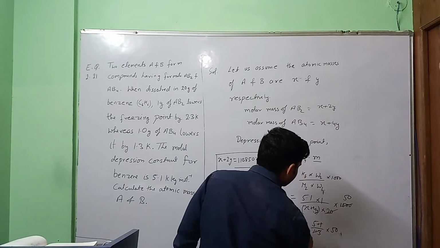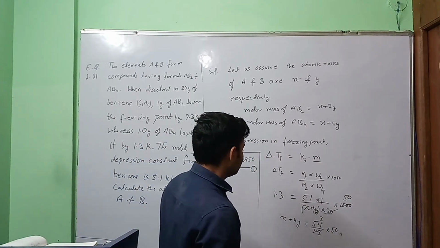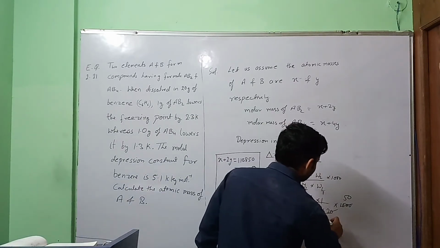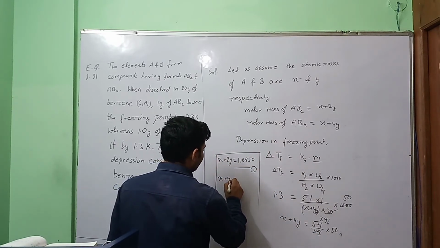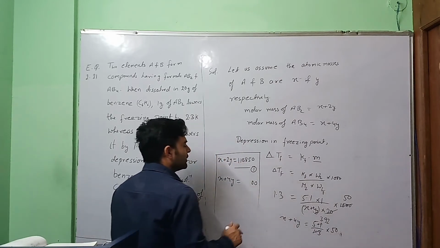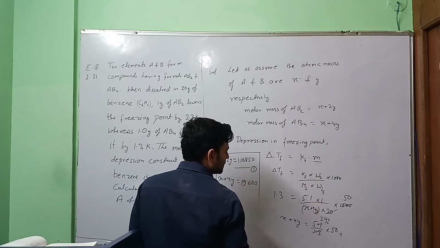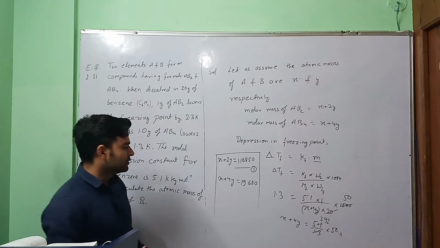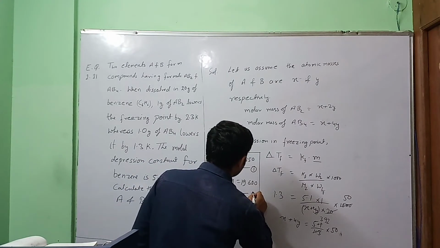So we can write here, X plus 4Y equal to 196.00. This will become equation number 2.